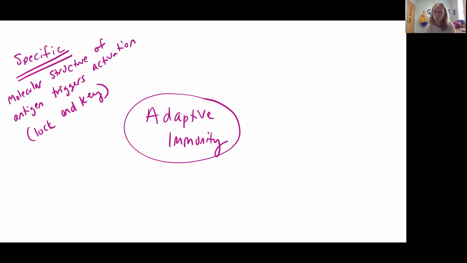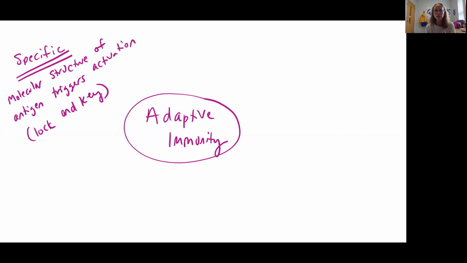We talked about antigens as being proteins. You should already know that protein structure is highly complex, highly variable, and usually there's this idea of the lock and key model or the puzzle piece model when we're talking about protein shape being important in protein function.